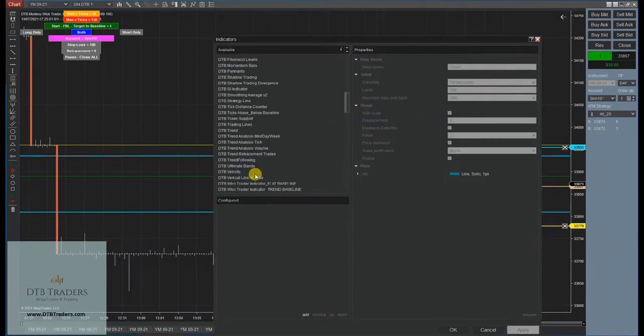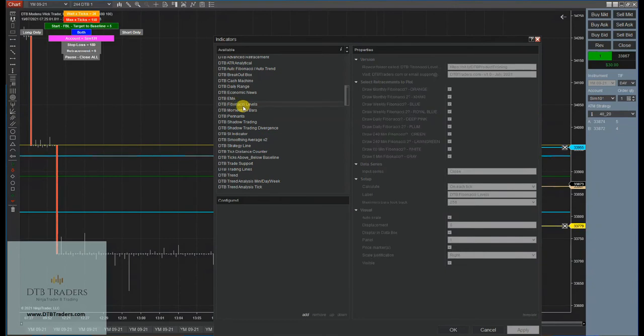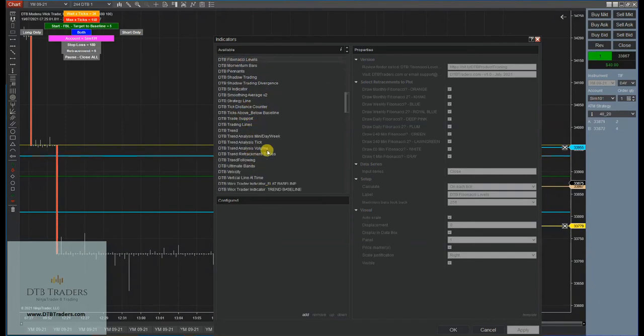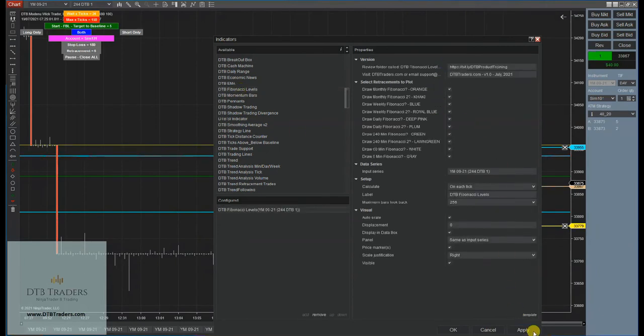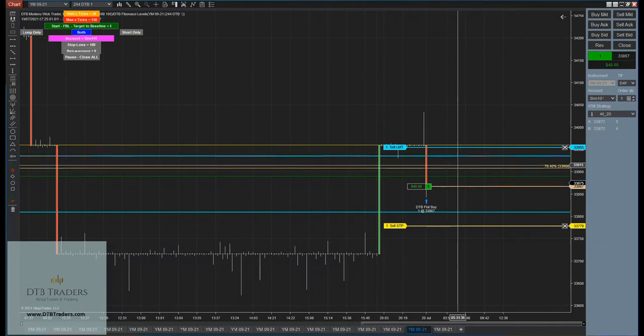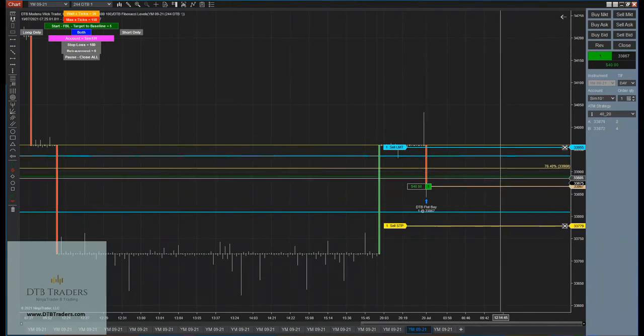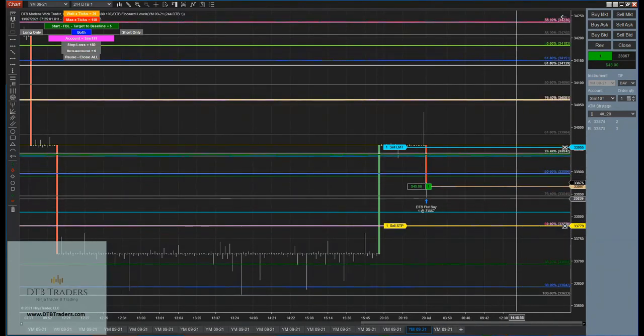Experiment with these levels, and these Fibonacci levels are extremely helpful. And also with the indicators, as a DTB member, you've got access to all of these indicators. We've got so many indicators that provide such great value. So add those on to your chart, see where your different levels are, and work from that.